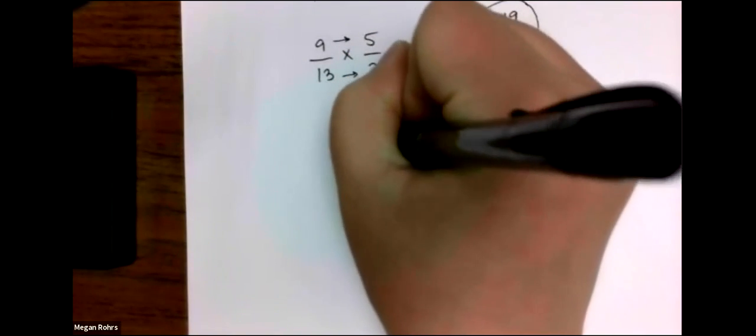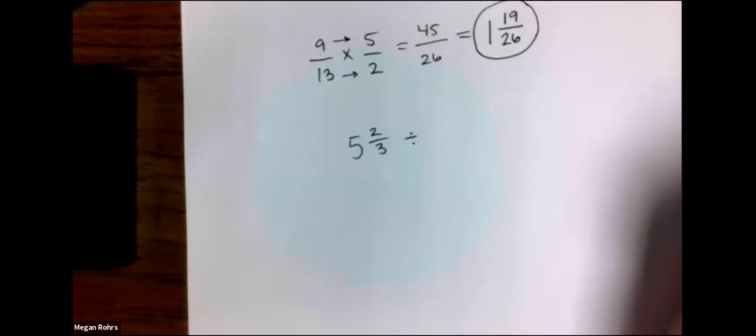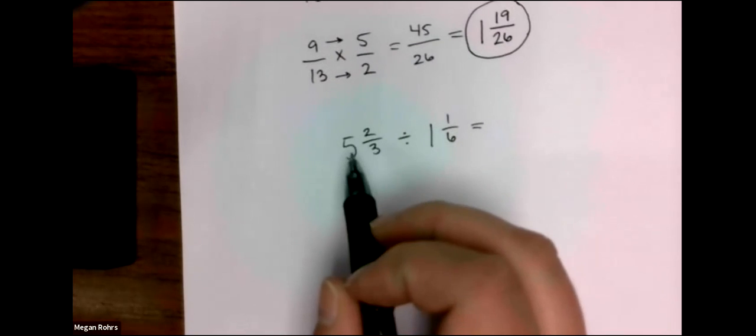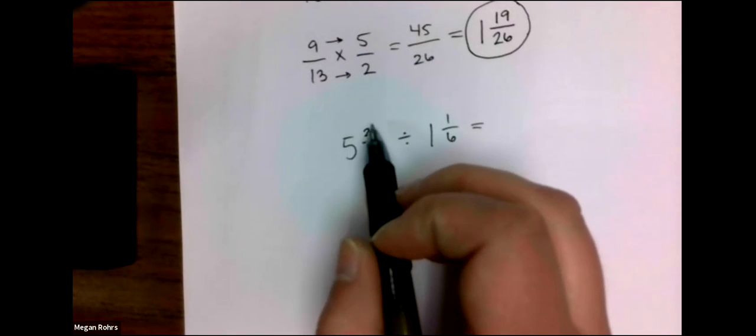All right, one more example with division. We'll say 5 2/3 divided by 1 1/6. So we got two mixed numbers. Got to change them into improper fractions first. 5 times 3 is 15, plus 2 is 17.